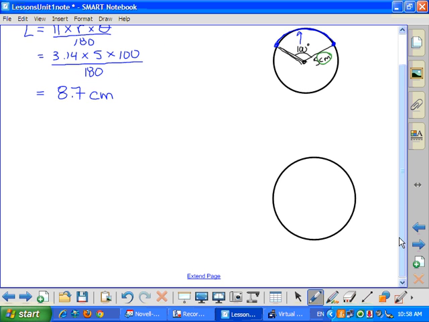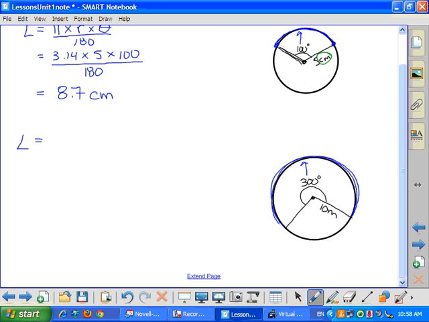Second example. What happens if the angle is on this side? What if we were looking at 300 degrees? And I'm going to tell you the radius was 10 meters. The answer is nothing changes. The only thing you have to recognize is that the 300 is on this side, so this is the arc length that we're actually calculating right there.